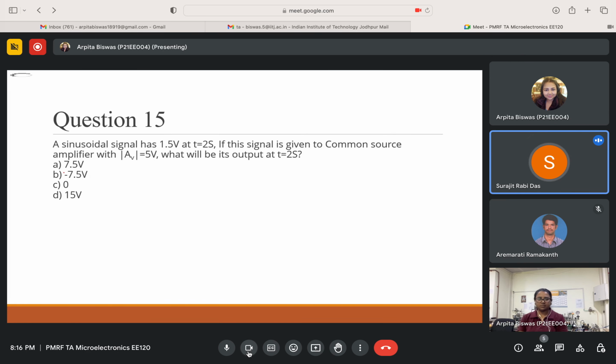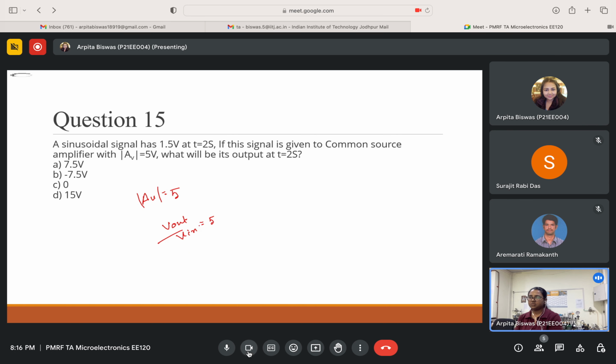Madam, minus 7.5. Can you explain how you have calculated? Yes. How you have calculated? AV is given here. Okay, mod of AV. And AV equal to, how you can write? V output by V input. Okay.